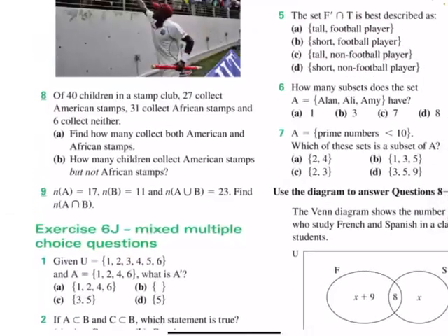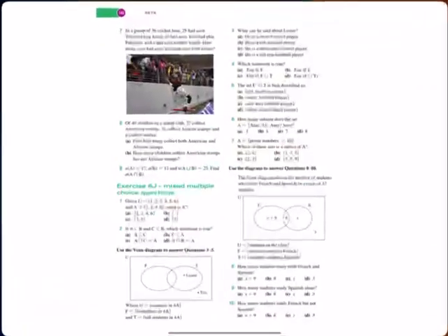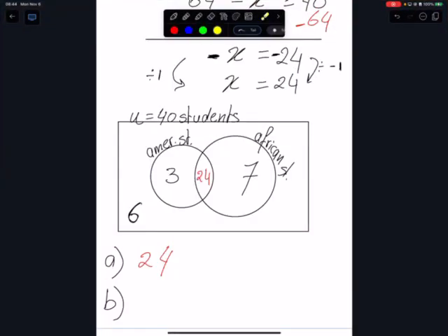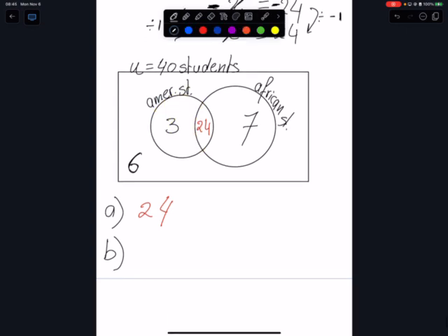And for the last question, how many children collect American stamps but not African stamps? Meaning, only collect American stamps. Means the answer is 3.